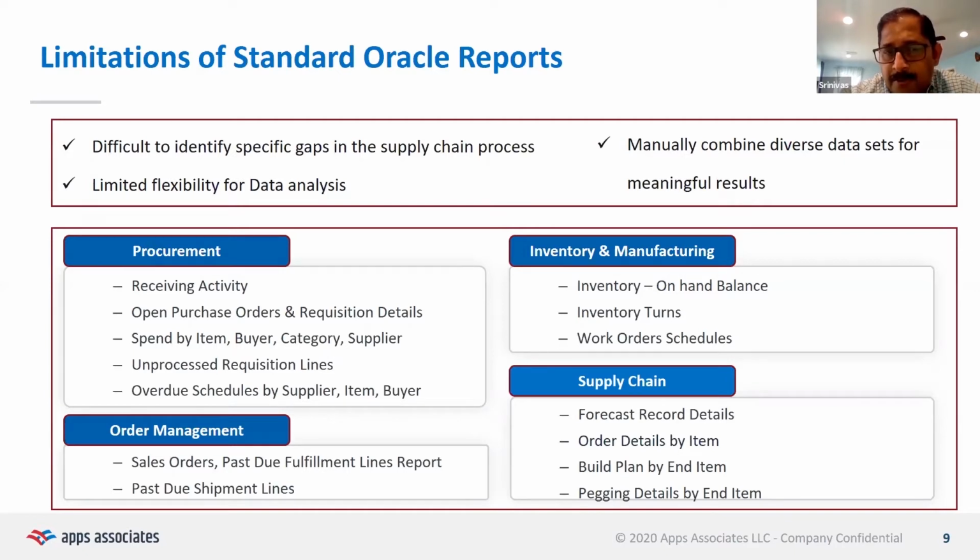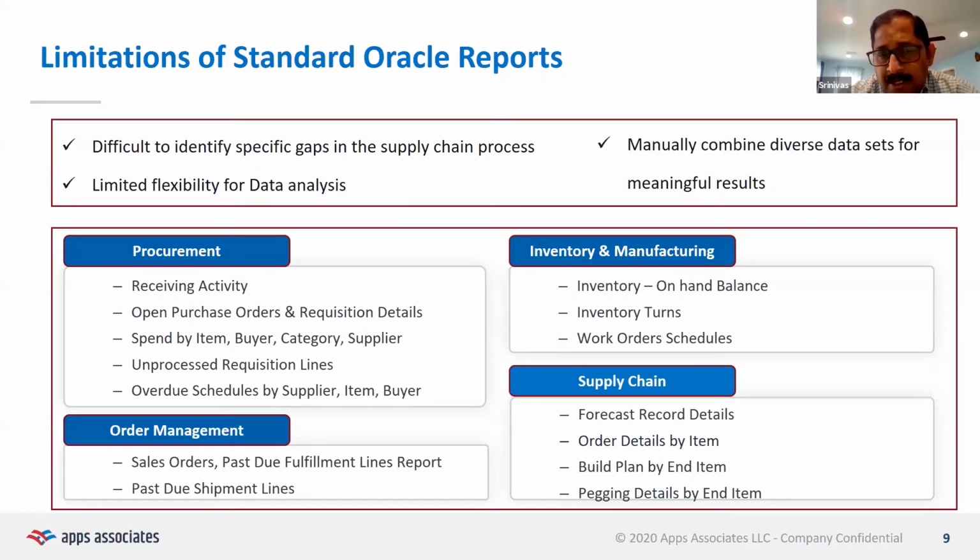So say, for example, on the procurement side, you would have information related to everything that's either being received or in the process of being received. In addition to that, you would also have open purchase orders or open requisitions that have to be fulfilled.